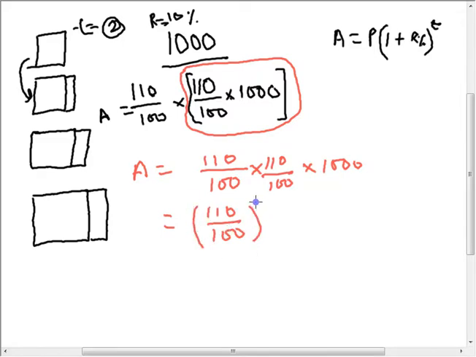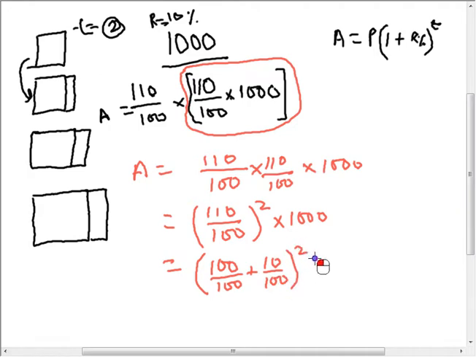And since it's squared, you can see two of them of the same type is squared, times 1000. Okay, inside it, I can break that into 100 by 100 plus 10% to the power of 2.